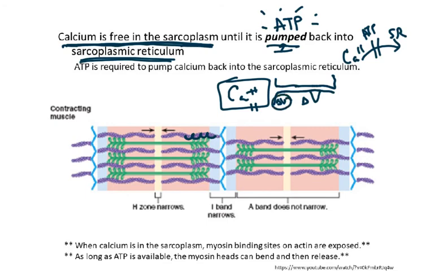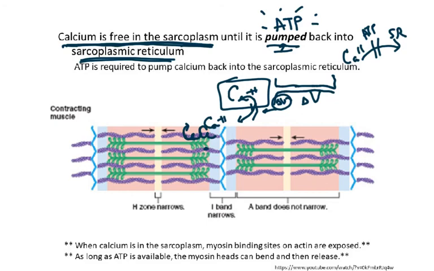So when this voltage change happens, these calcium channels open and calcium comes out. When calcium comes out, it is able to bind to the troponin that interacts with the tropomyosin, and these tropomyosin molecules move out of the way so that we now have these free binding sites for the myosin to bind to the actin. So myosin is able to bind actin only in the presence of calcium.